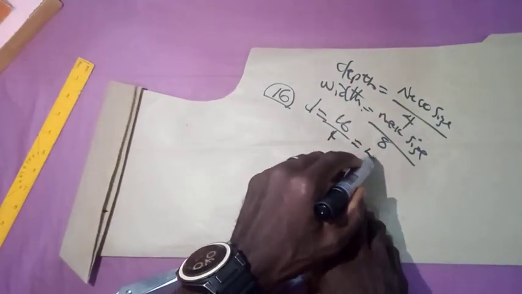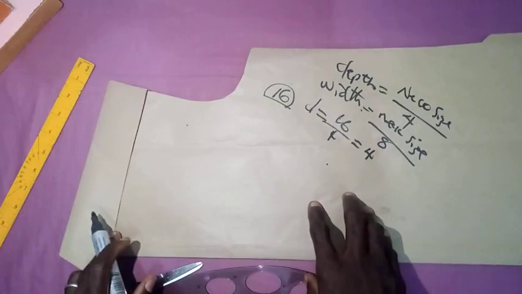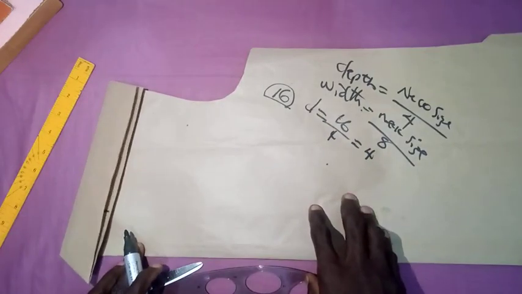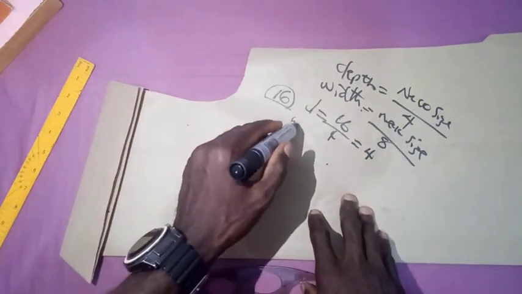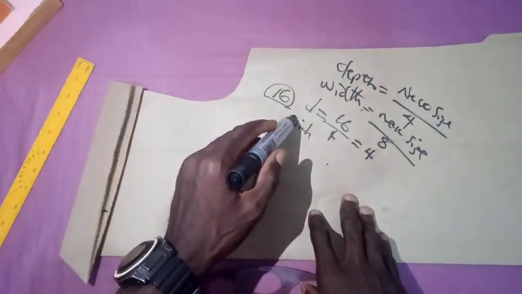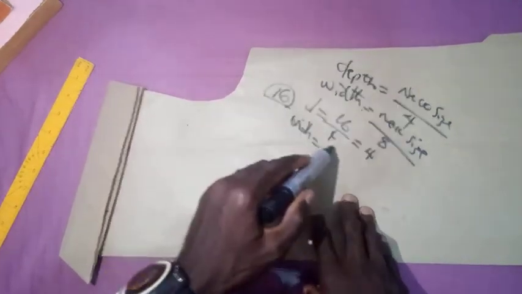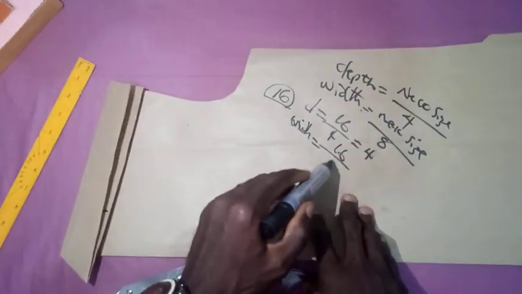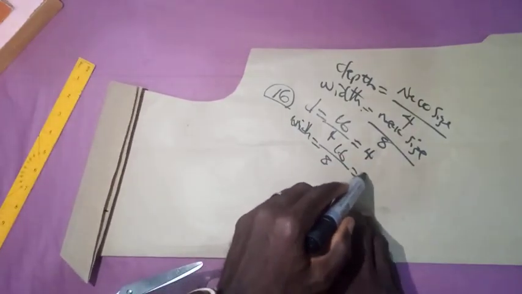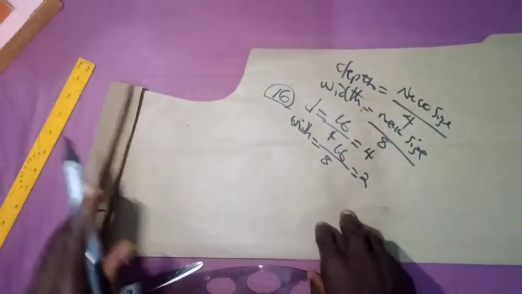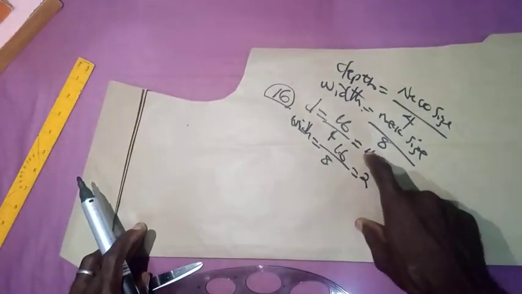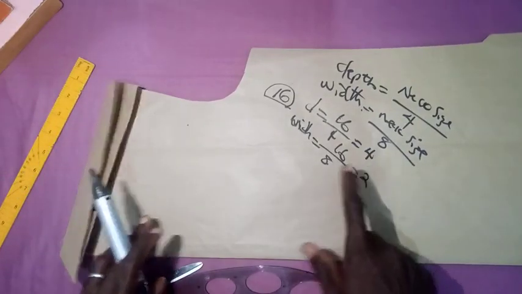That will be equal to 4. So for the depth of our neck, we are using 4. Now for the width, denoted by W, this will be equal to neck size, which is 16 divided by 8, which will be equal to 2. So it means the depth of our neck is 4 and the width is 2.